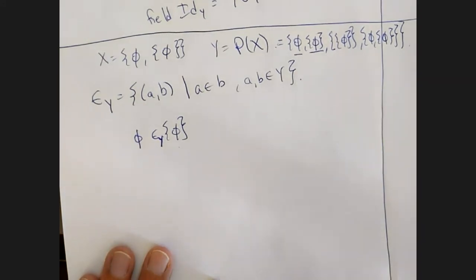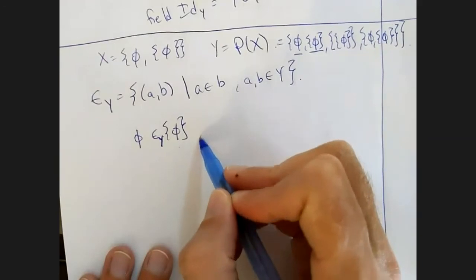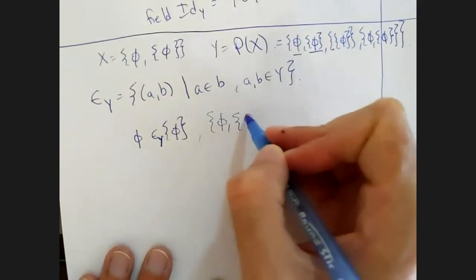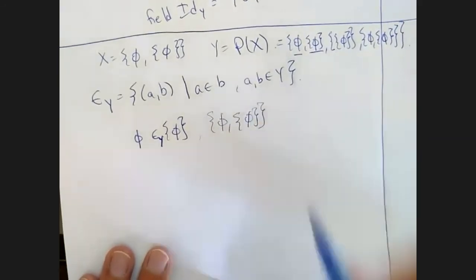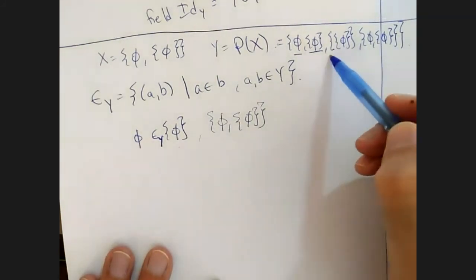What else is the empty set a member of? It is also a member of this third set, the all of X. Notice it is not an element of this set.